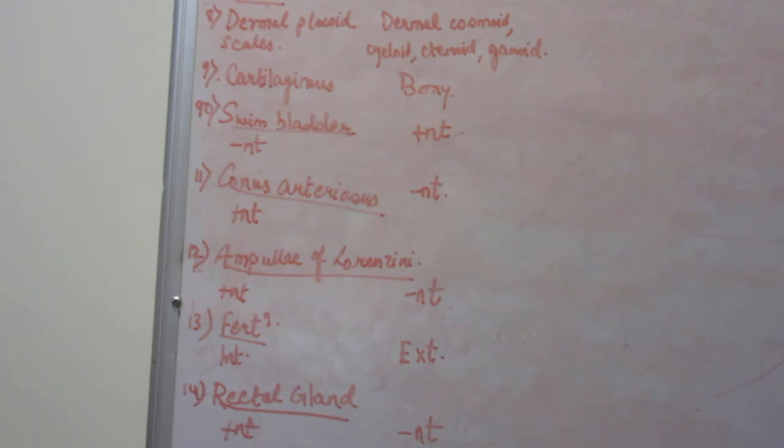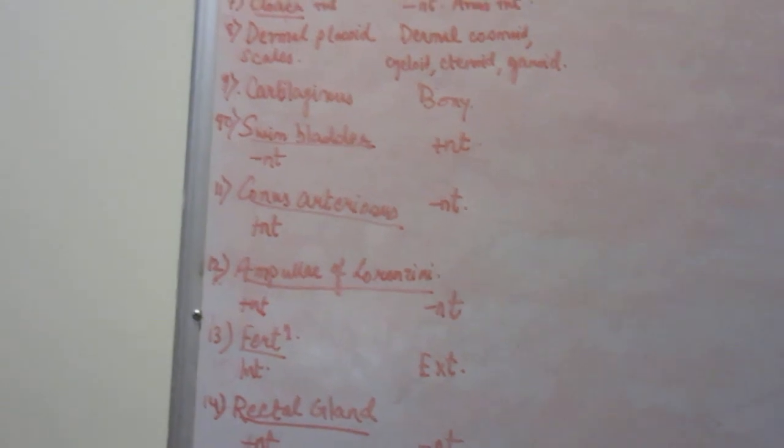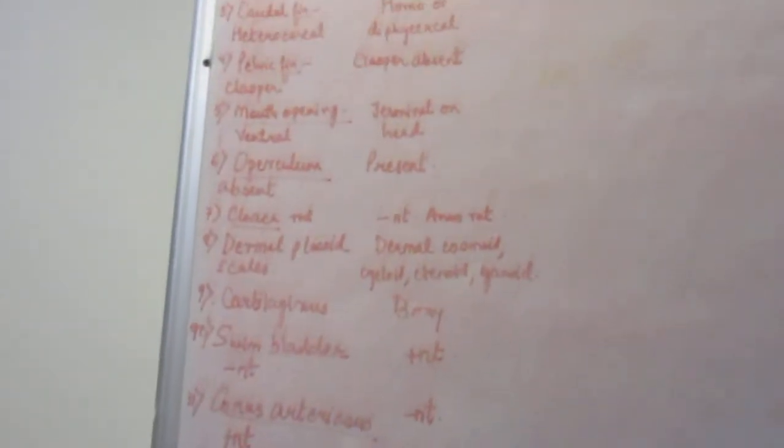So this was in very brief the difference or the comparison between the two fishes, which is generally the target of questions, because it can simply ask which kind of fish will have the ampulla of Lorenzini or rectal gland, and suddenly hearing these terms would be very confusing. And in this tabulated way, remembering the difference is also very easy. So go through it, make notes, and keep learning.